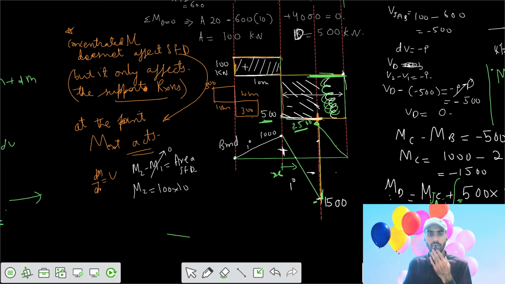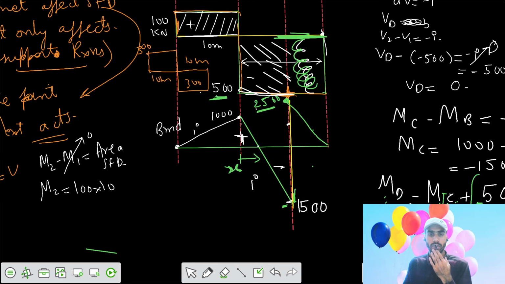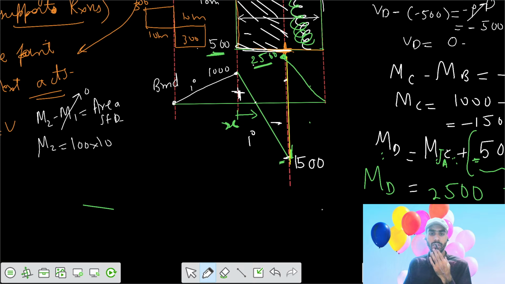Before this, we were solving questions generally by the method we call the analytic approach: cutting the section, getting the equation of moment Mx and shear force Vx, then setting the shear force to 0 and getting the value of x. Now this method is your smart method. We do just similar triangles to get the value of x where it cuts. So we can get it using the concept of similar triangles.